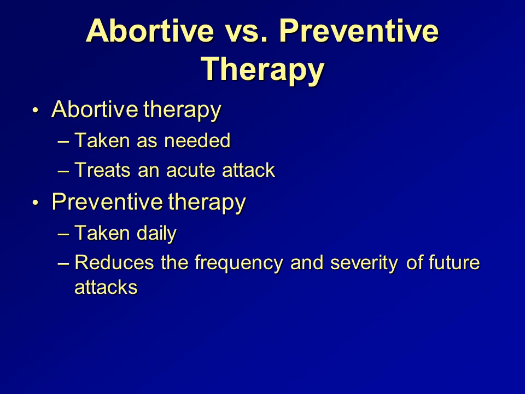Abortive therapy is medications that are taken as needed to treat an acute attack and to abort the attack from occurring. Preventative therapy is medications that are taken every day, and essentially these medications work to reduce the frequency and severity of future migraine attacks.